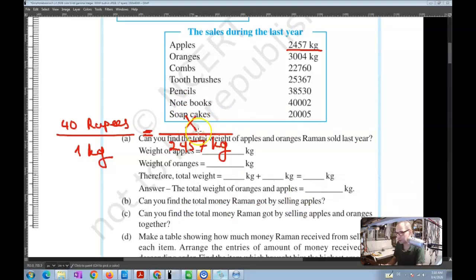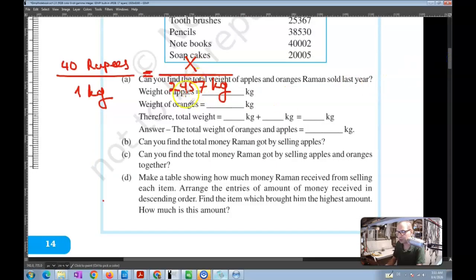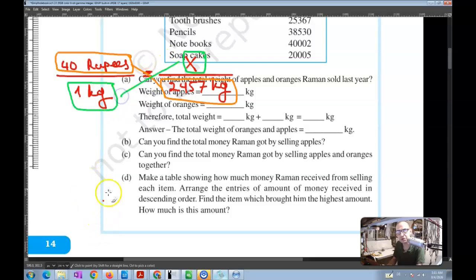So now it's a proportion, and as we saw before, in a proportion you can cross multiply, meaning that you can take this 40 rupees and cross multiply this way, and then take this X and this 1 kilogram and cross multiply this way.